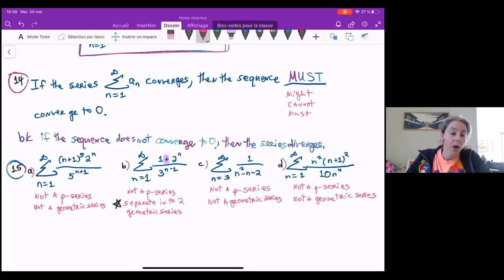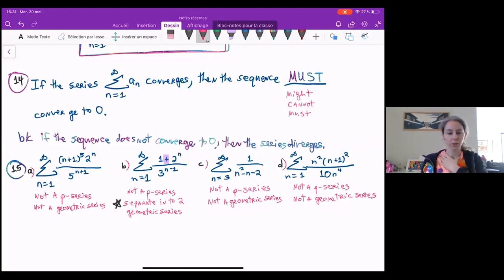Okay, so the next thing we said is if it's not a p-series and it's not a geometric series, does it contain a factorial or something that looks geometric, like an exponential, a number to the n?